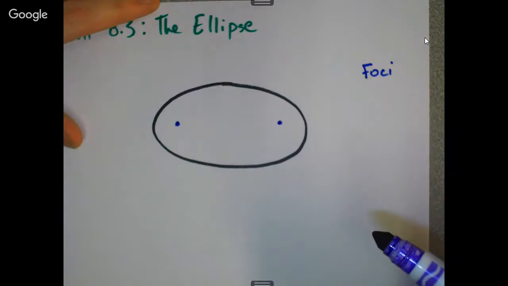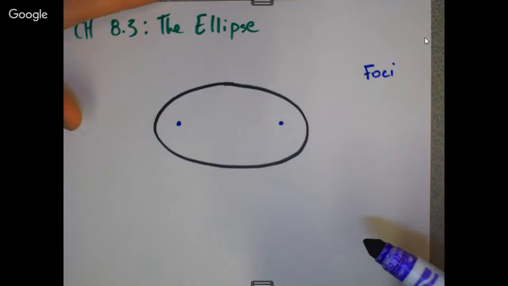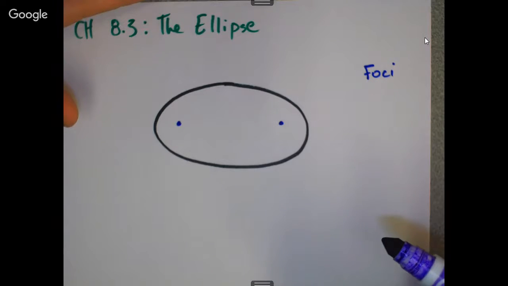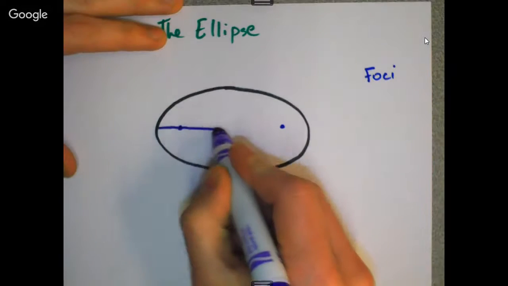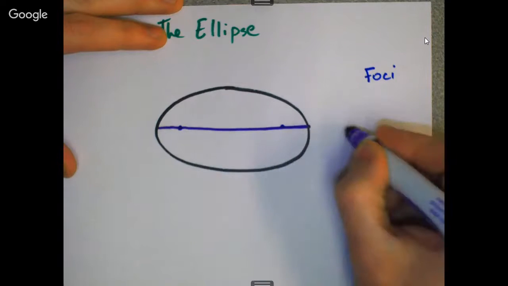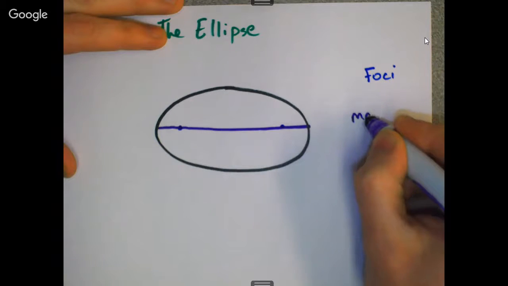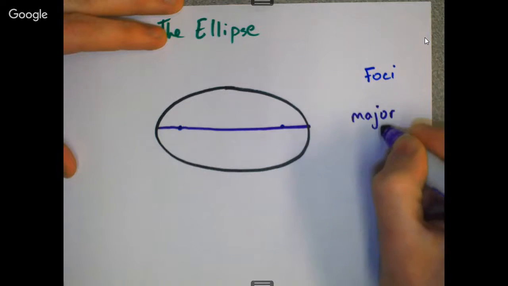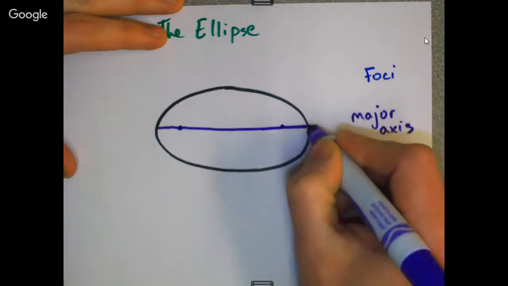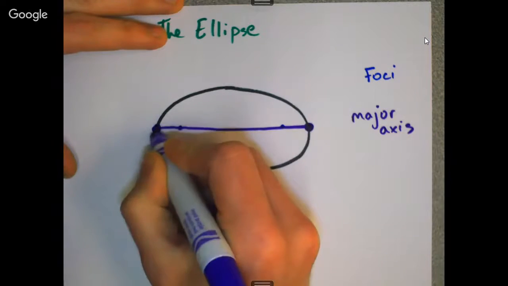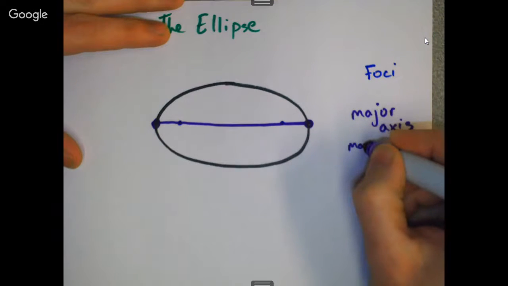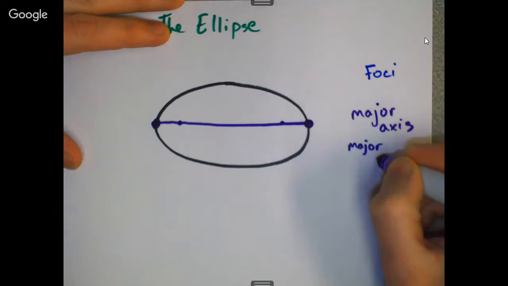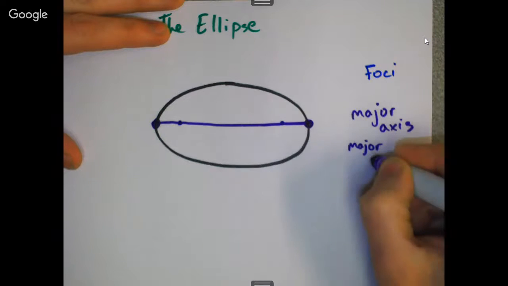Okay. So a line segment through the foci called the major axis intersects with the ellipse at the vertices. This purple line here will be the major axis. And then this point here and this point here we'll call the major vertices, or vertex.